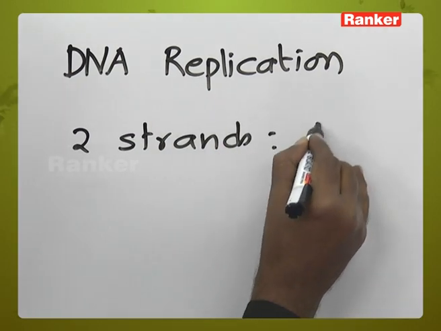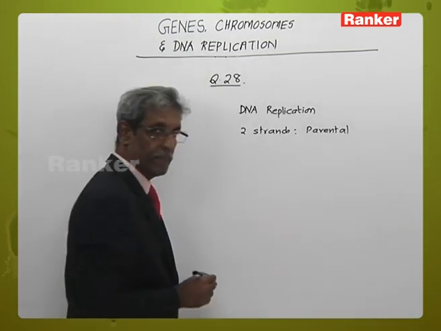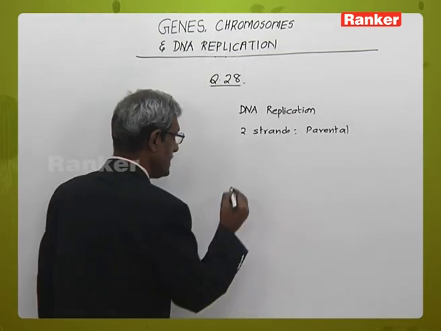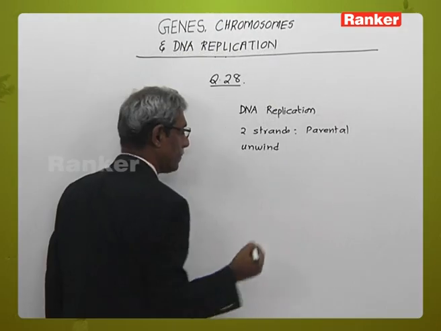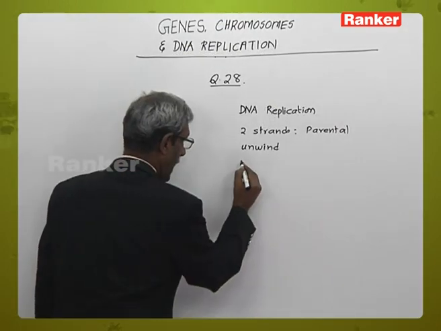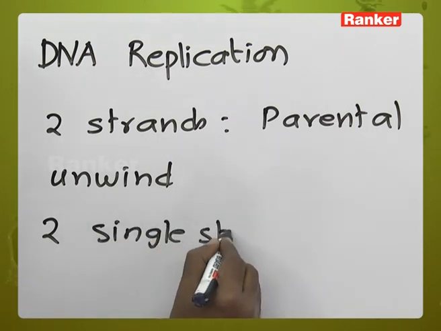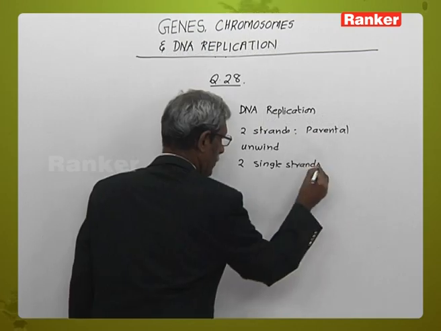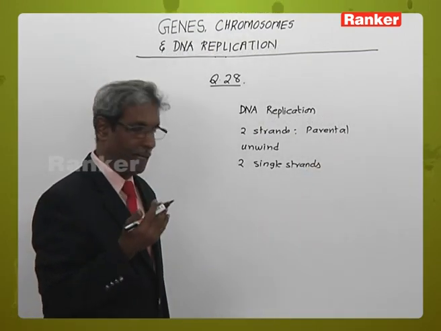The two strands are the parental strands. The parental strands unwind. Then we would have two single strands of the DNA, one from the paternal line and another from the maternal line.